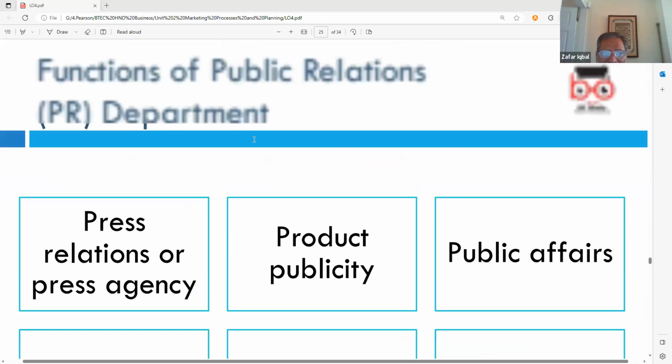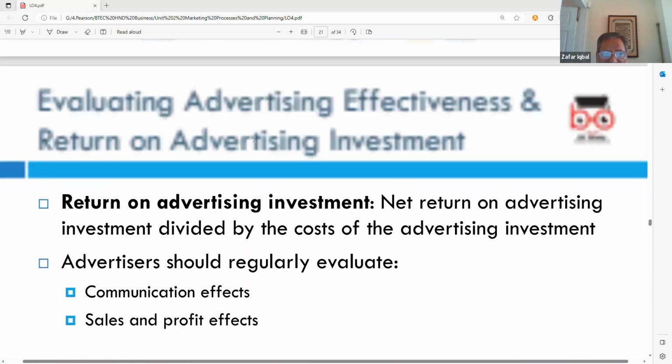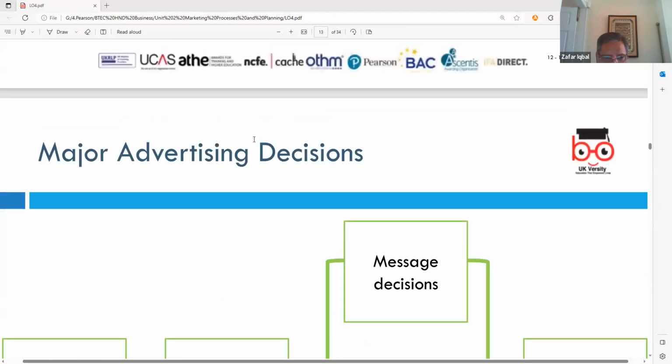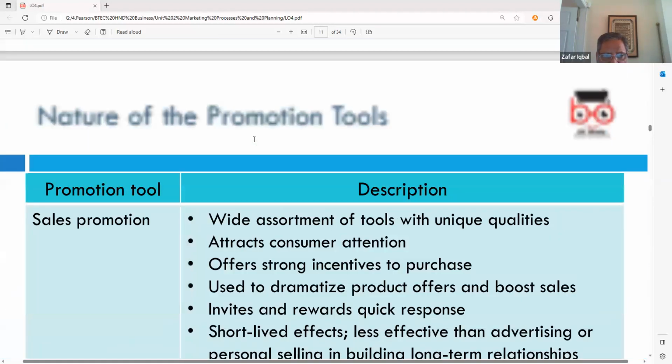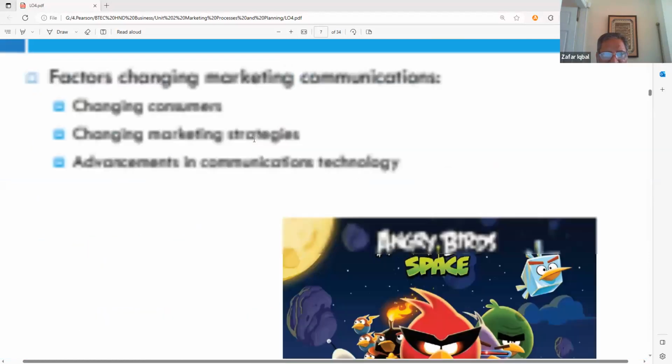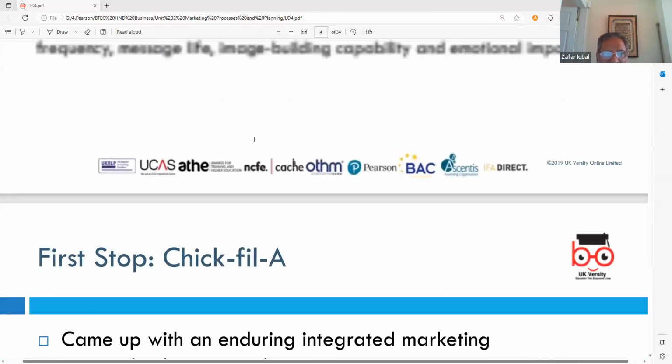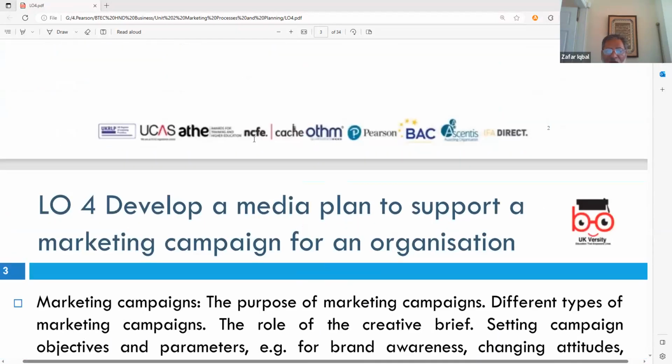And going back to our learning outcome, let's have a look at what we were going to cover. Okay, so we were going to cover a media plan to support a marketing campaign for organizations. So that's what we discussed.